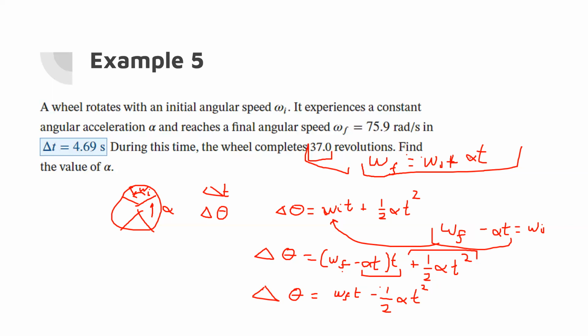And then from here, I can just solve for alpha, and I get that right here: alpha equals 2 times delta theta minus omega final t, divided by t squared, and there's going to be a negative also.